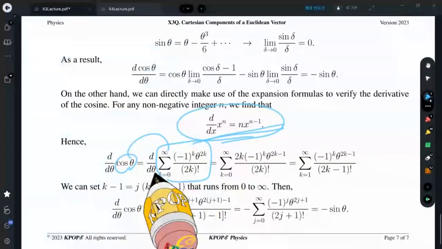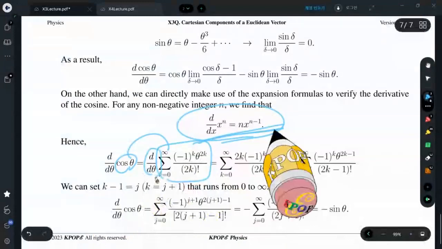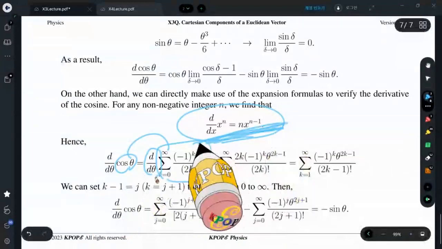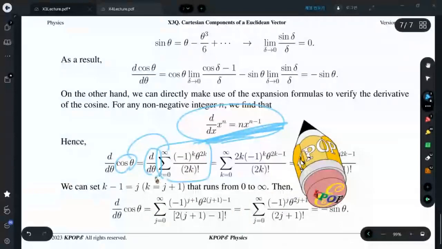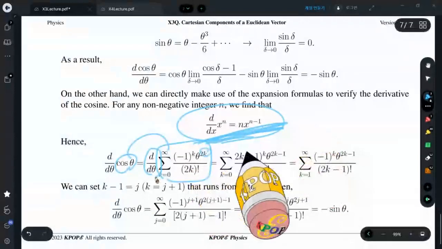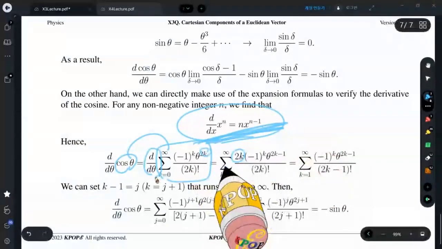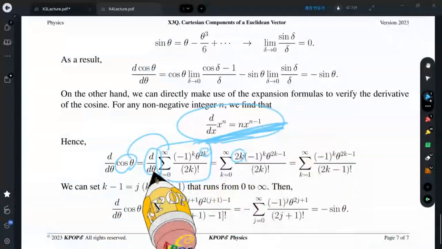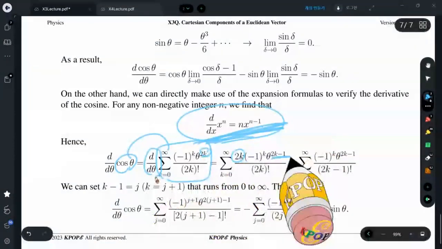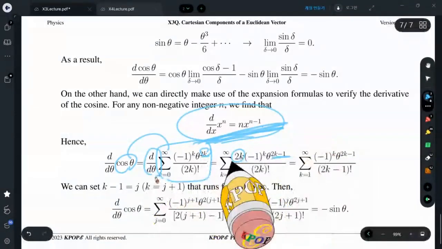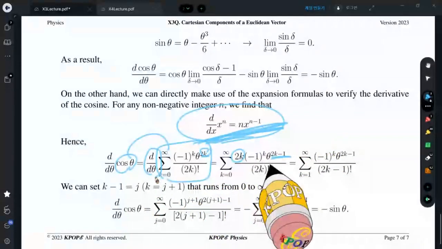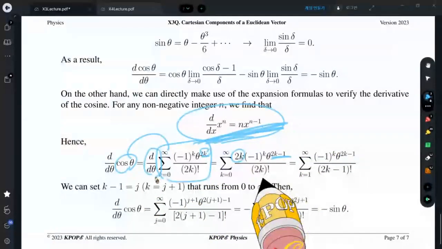For example, if I take the derivative and apply this derivative rule for the polynomial function, the power comes out as a front factor after the derivative, and this power decreases by 1, and the 2k cancels the 2k in the denominator's 2k factorial.